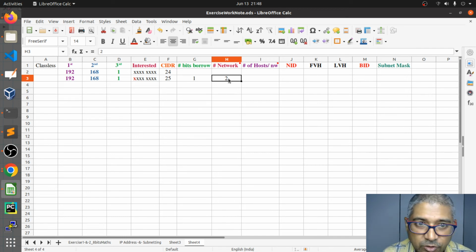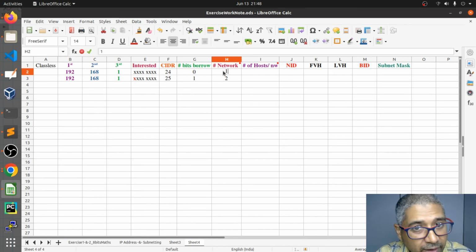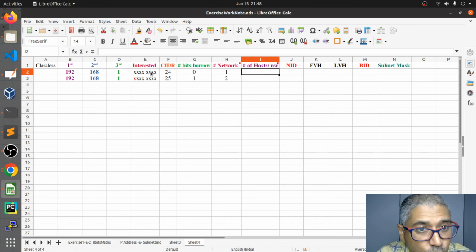Okay. So this is the single network, slash 24. Let me fill this up also so that you can understand. The number of bits borrowed is 0, number of networks 1, number of hosts per network 2 to the power 8. 2 to the power 8 is what? 256, right?